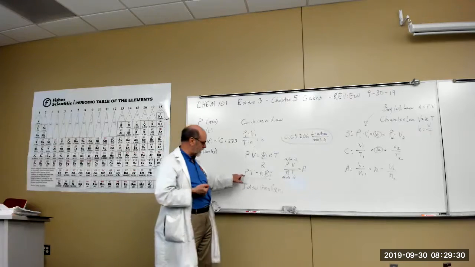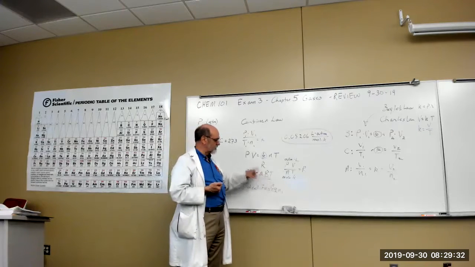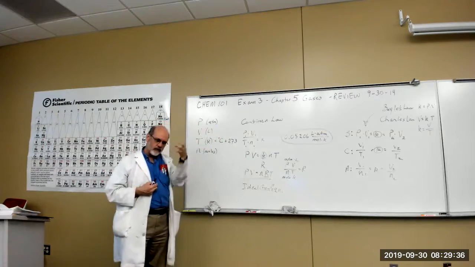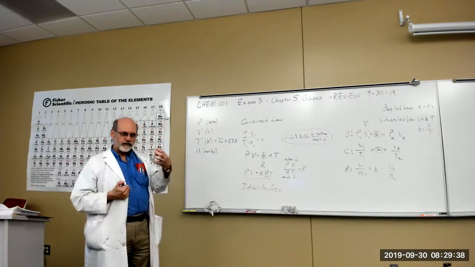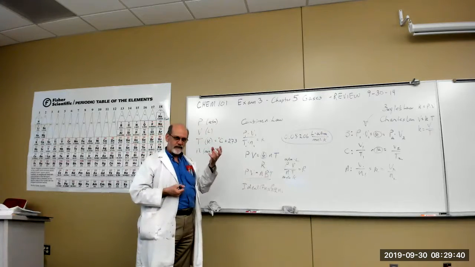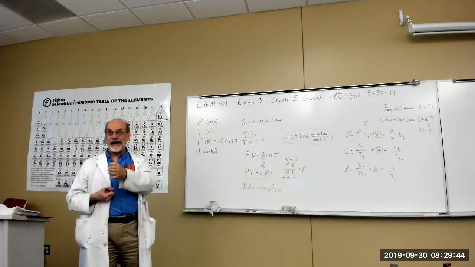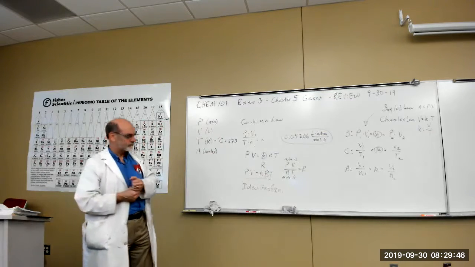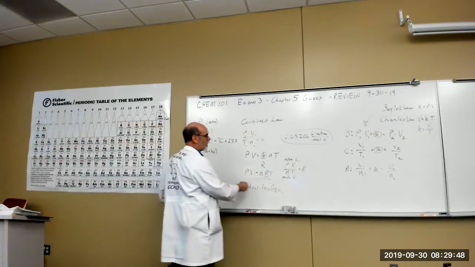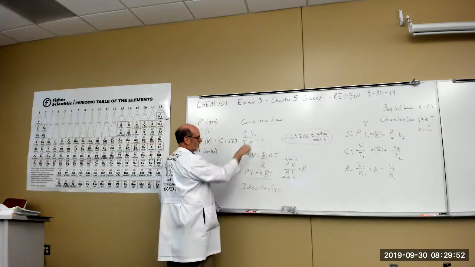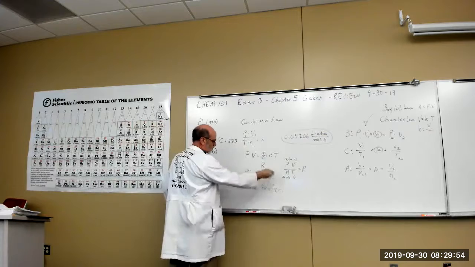All you need is values for 3 of these, and you can find the 4th one. So when you read a word problem, you look to see, is this a before and after type problem, or is this a state problem? What is it right now? And that tells you whether to look for one of these, maybe this one, a combined law, or use this one.